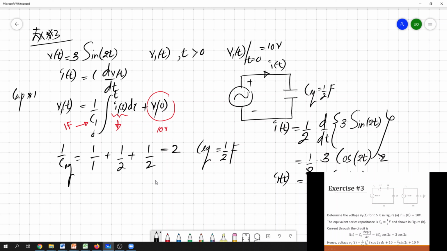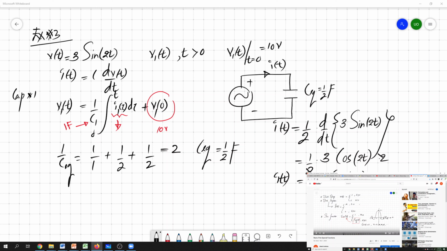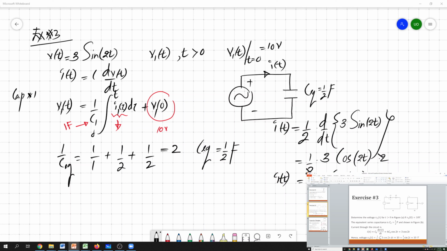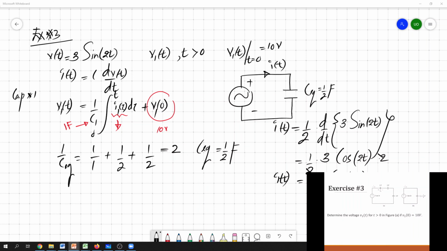So this is the current flow through the capacitor, 3 times cos 2t.